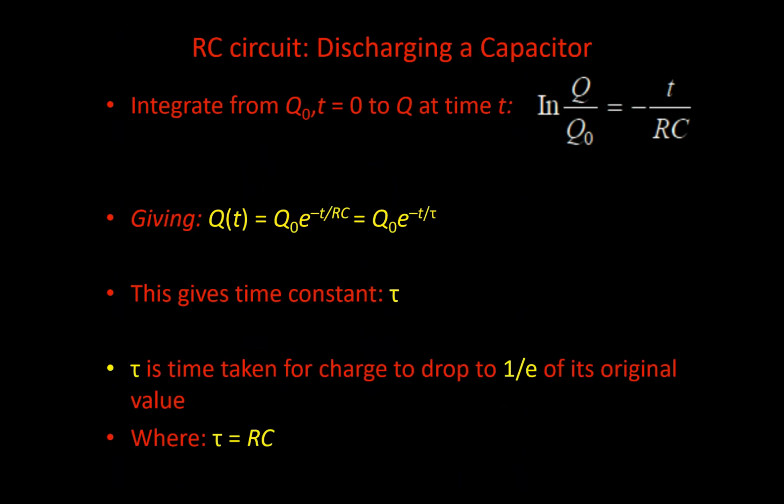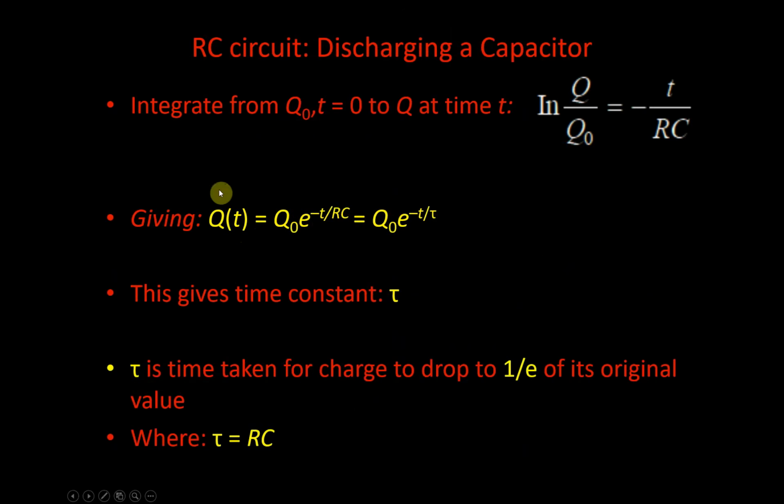If we do a little bit of derivation using calculus, which you don't have to do, we'll get an expression for charge with respect to time. That's Q at some time t, as given by this equation. The charge on the capacitor will fall off exponentially, where e is the base of the natural log.